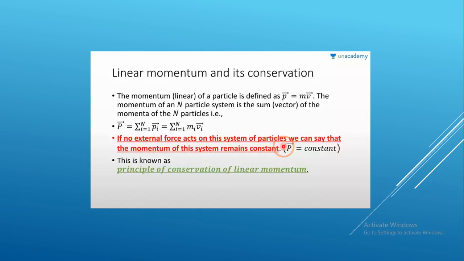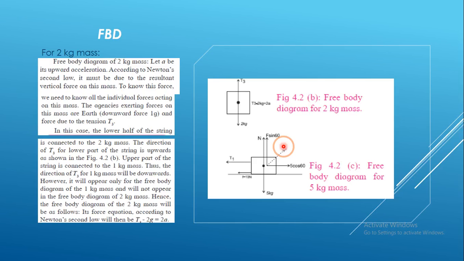We are going to discuss this particular thing with two different cases. One is the free body diagram and one is the free body equation. Here you can see, first of all we are going to discuss the free body diagram. We are going to discuss the 2 kg mass, and the 5 kg mass explanation is there in your textbook.